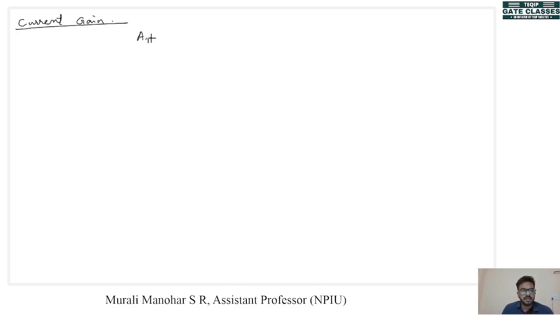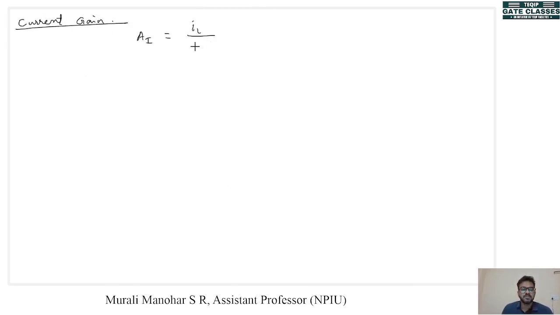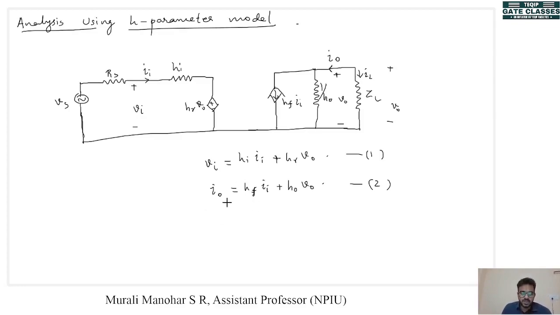Current gain AI is given by output current divided by input current. And we know that the output current, according to a transistor, not as a two-port network, it flows out, right? So the current is IL and input current is Ii, and we know that IL is minus Io. So AI becomes minus Io divided by Ii. Now look at equation 2, that is Io equal to Hf into Ii plus Ho into Vo.